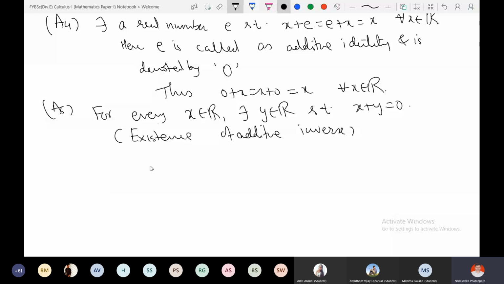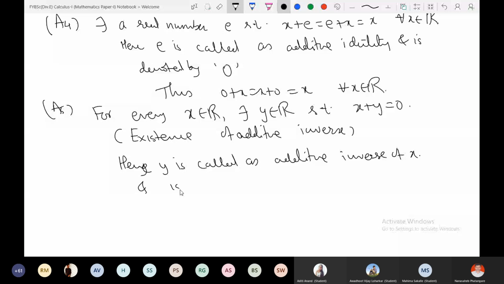So here y is called the additive inverse of x and is denoted by minus x. Thus, x plus y is 0 implies y is minus x. So how can I say that y is minus x?